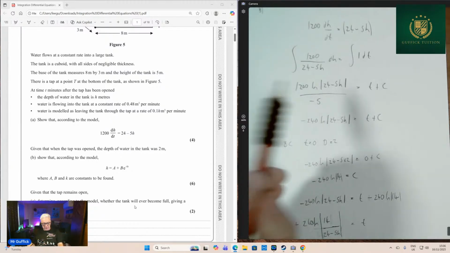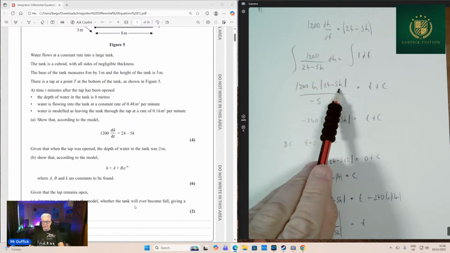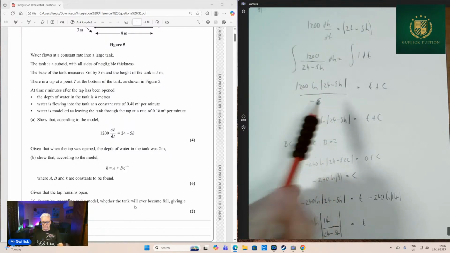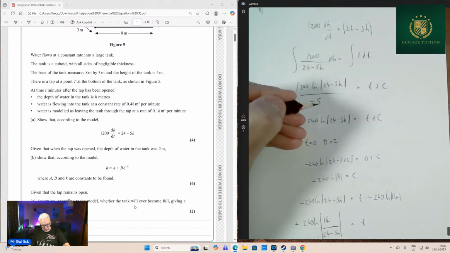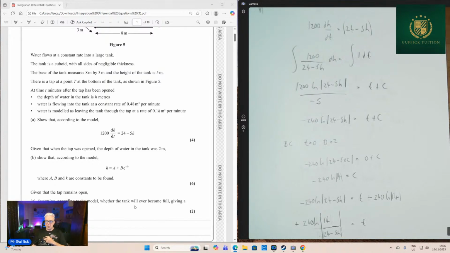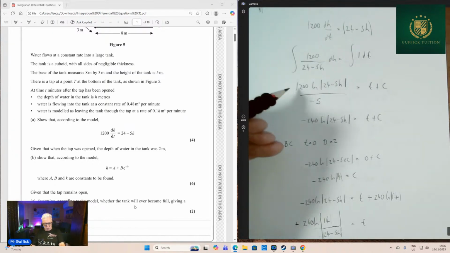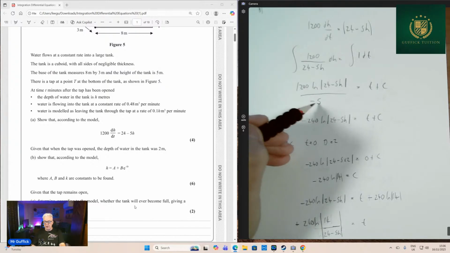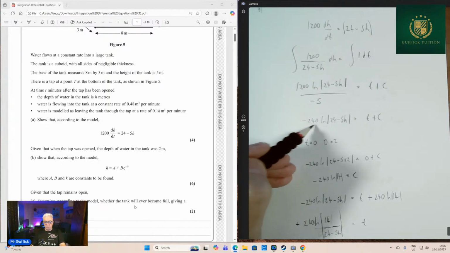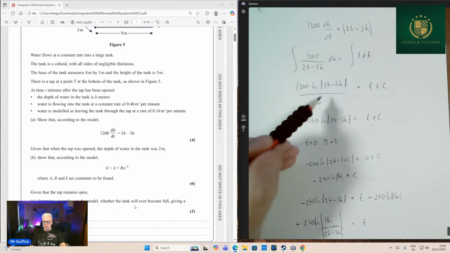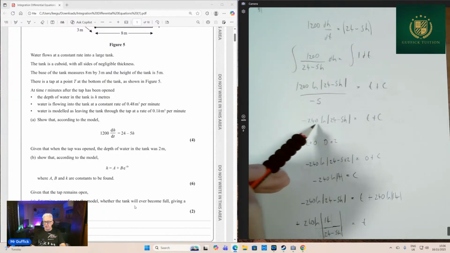And the derivative of 24 minus 5h is going to be minus 5. Okay, so when you divide by the derivative of the inner function, you're going to be dividing by minus 5. So 1,200 divided by minus 5 is minus 240. Okay, so we just use the chain rule backwards there to get our minus 240.